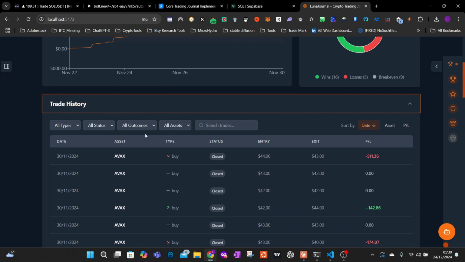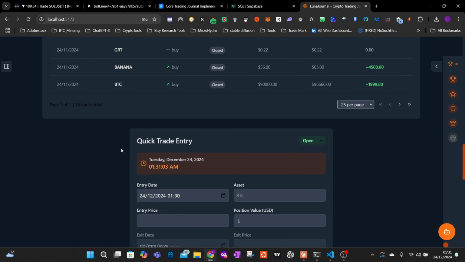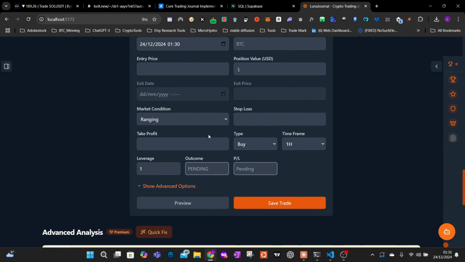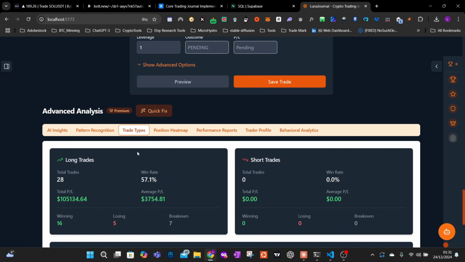So I need to do something in the database such that it's updated in real time. I'll look into that. All the trades are closed now, so how does this affect things? It still hasn't updated here.